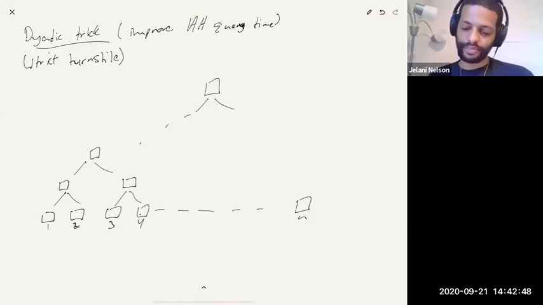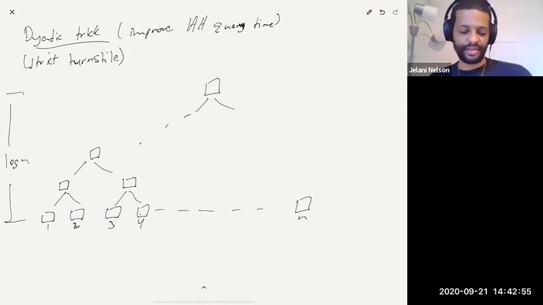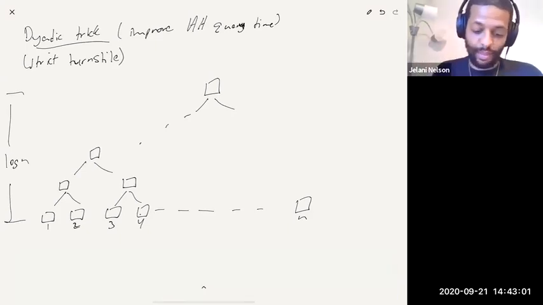The number of levels here is log n, a log n height tree. Then I'm going to instantiate a Count-Min sketch at every level, or just some point query data structure. It doesn't have to be Count-Min, just some point query data structure.